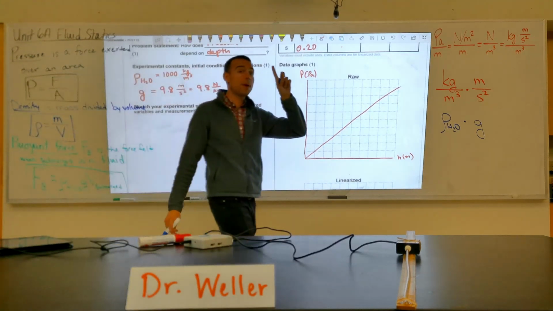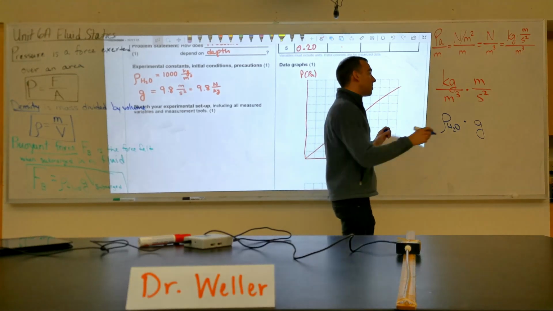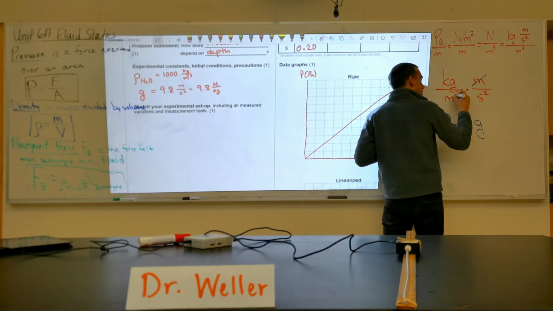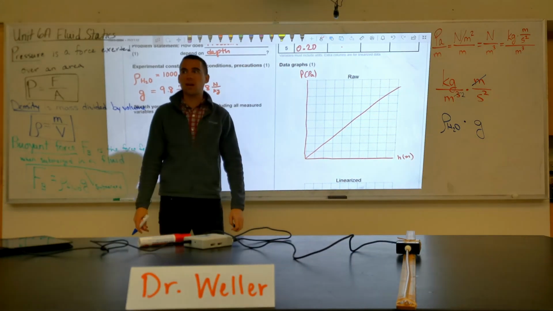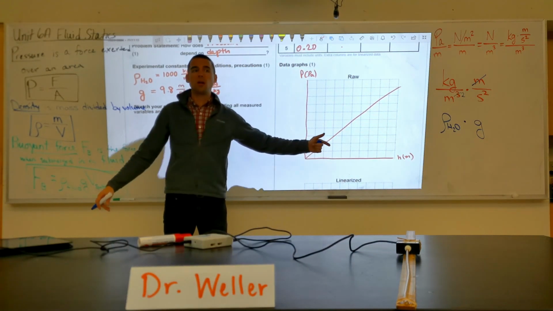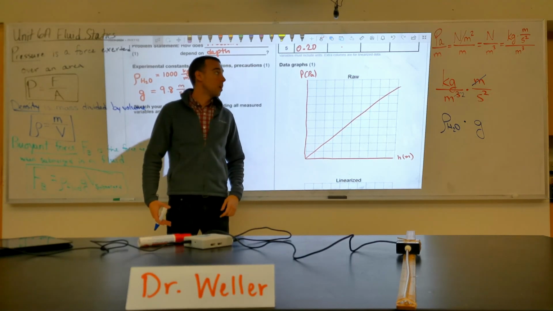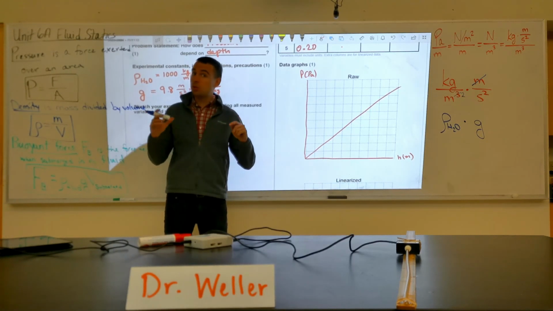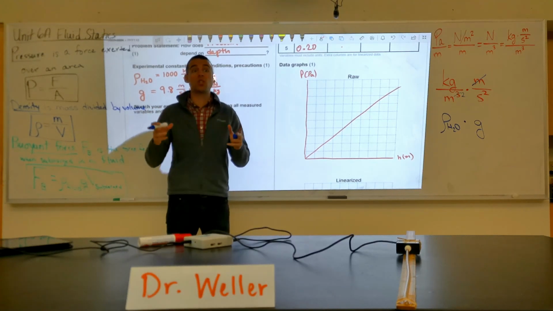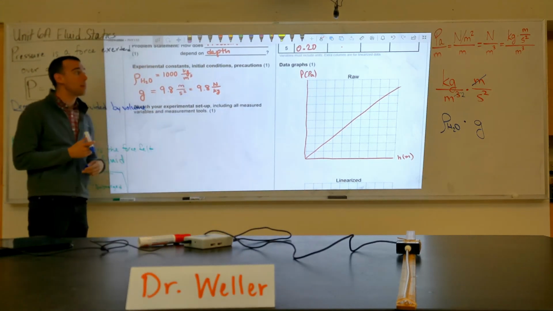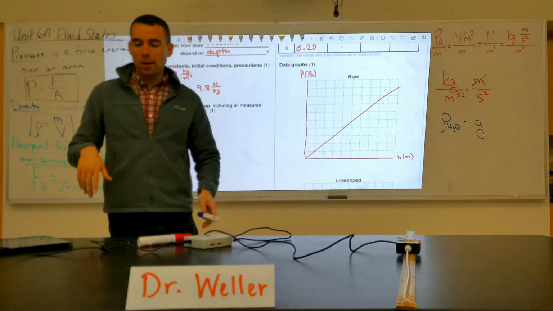So what was tricky about this is that many of you may have felt tempted to cross off this meter and turn this into a squared. And so now you're like, oh gosh, I got kilograms over meter squared and seconds squared. But it's actually really useful to just not cancel out those meters, because then it's really clear which constants are actually at play here. Okay.